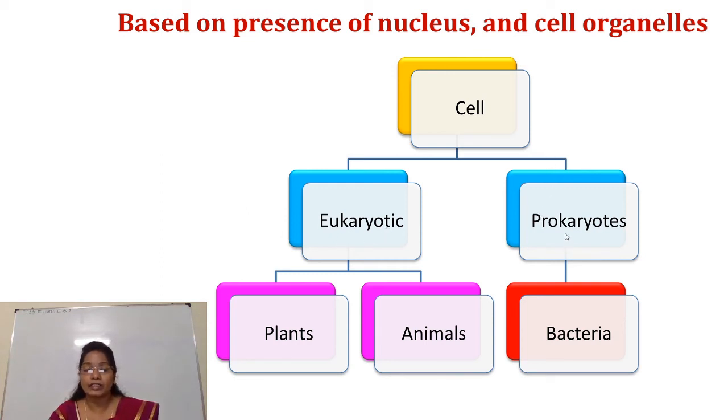The organisms which contain a primitive nucleus are called prokaryotic organisms, and the organisms which contain a true, well-organized nucleus are called eukaryotic organisms. Examples of eukaryotic organisms are plants and animals, and examples of prokaryotic organisms are bacteria and cyanobacteria.